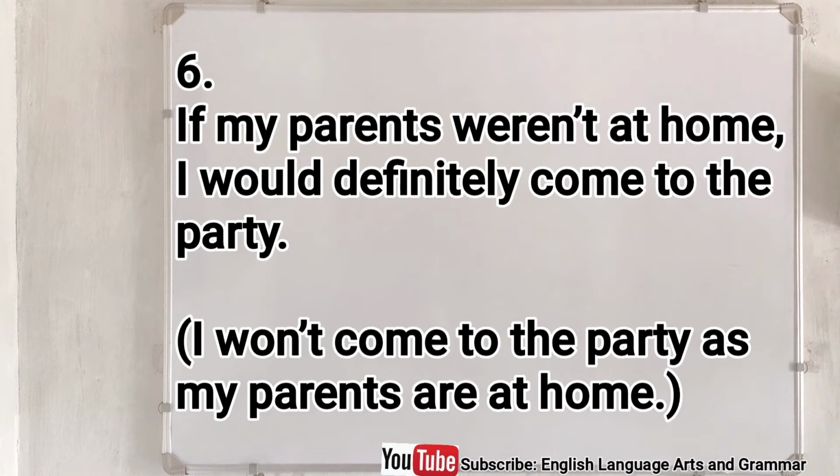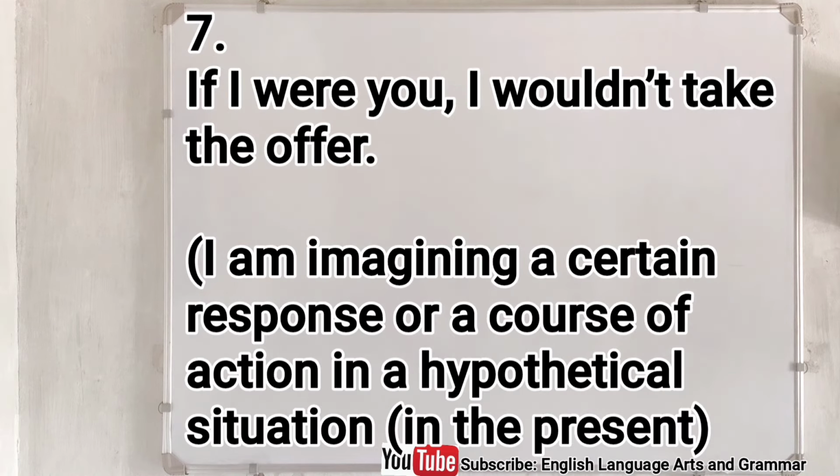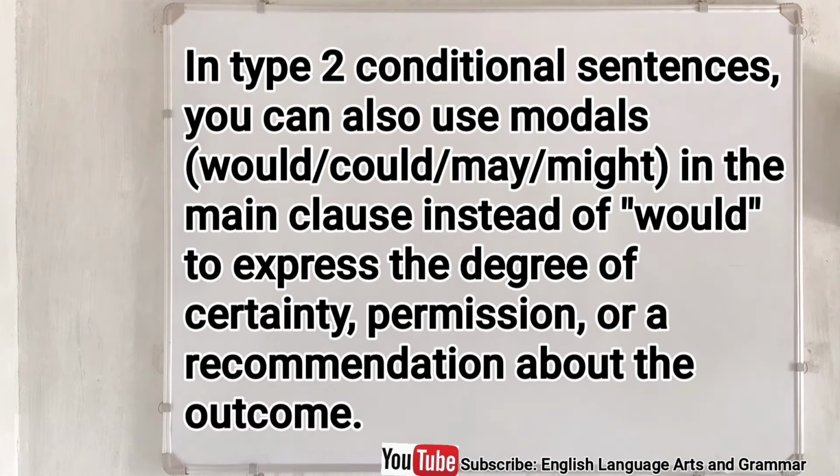Example 6. If my parents weren't at home, I would definitely come to the party. Example 7. If I were you, I wouldn't take the offer. In Type 2 conditional sentences, we can also use modals like could, may, might in the main clause instead of would to express the degree of certainty, permission, or a recommendation about the outcome.